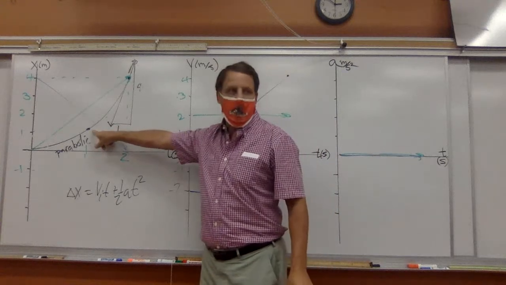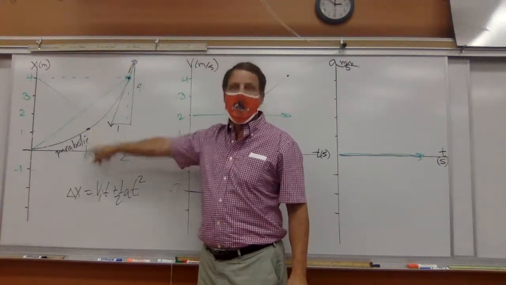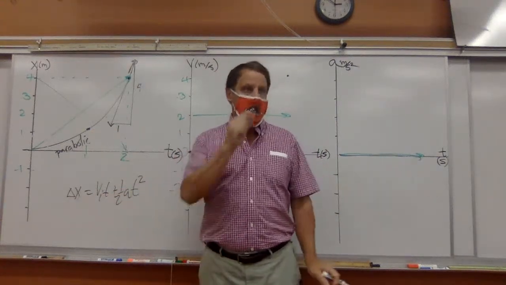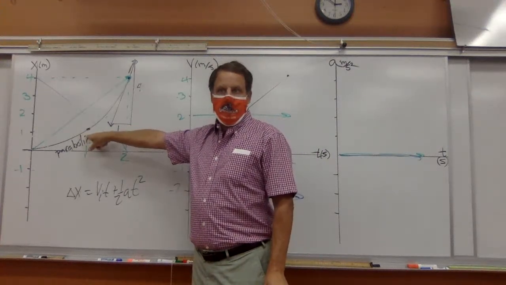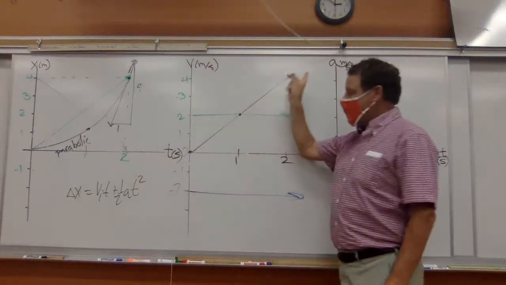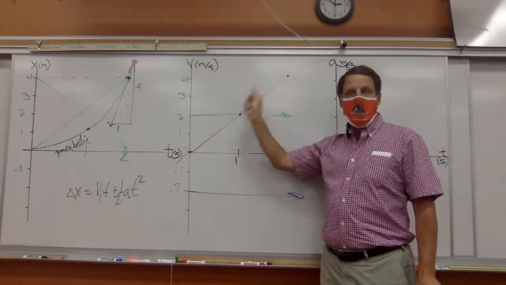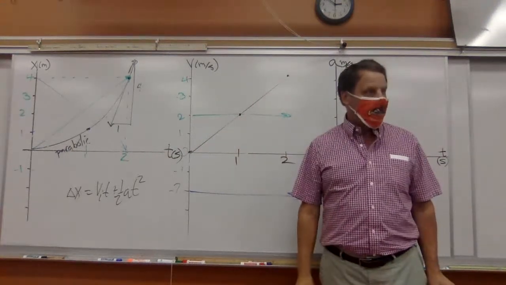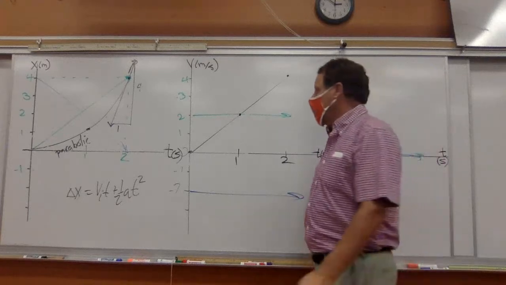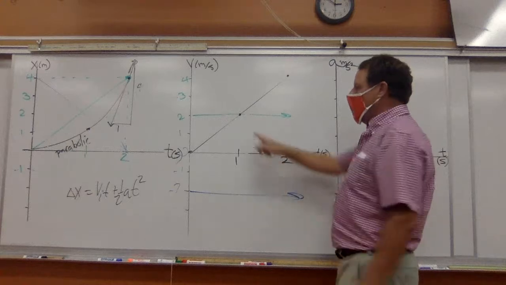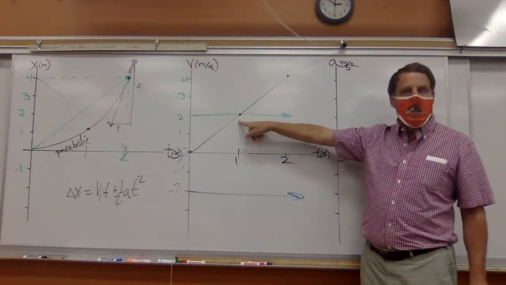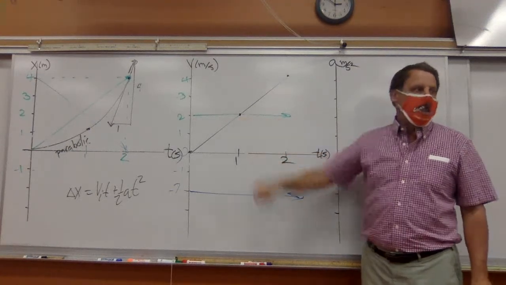So that parabola right here is going to be one side of that parabola, a quadratic, if you would. So when we have a quadratic in the position versus time graph, we're going to have a straight diagonal line on the velocity versus time. And then if we look here, what is the slope? What is the slope of this line?